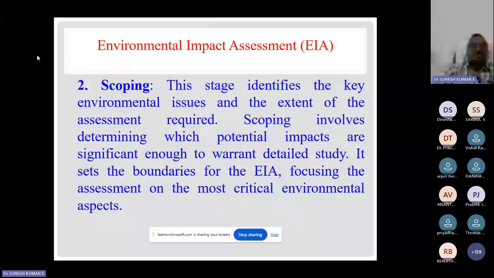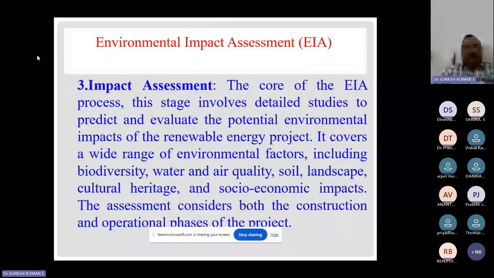Third stage is impact assessment, the core of the EIA process. This stage involves detailed studies, prediction and modeling, actually, to predict and evaluate the potential environmental impacts of the renewable energy project. And we are taking that project. What are the impacts?